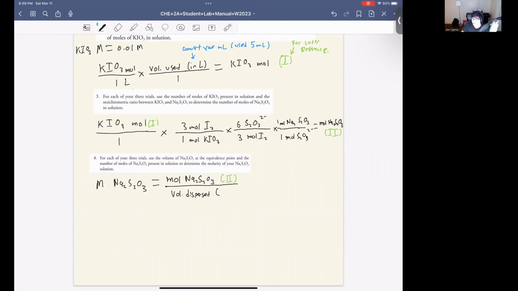So this is going to be volume dispensed, in liters. Right, this is what you got from your burette readings, just the final minus initial. So make sure to convert your milliliters.